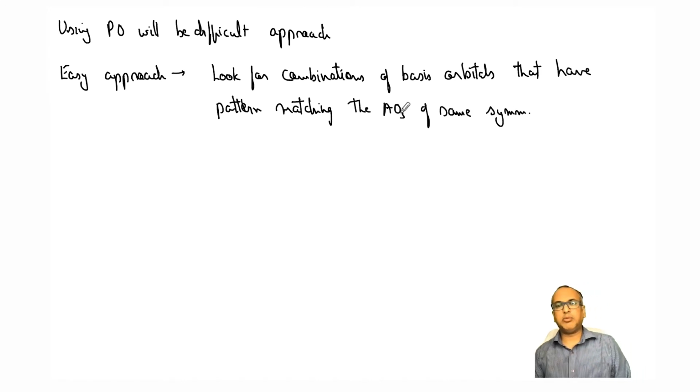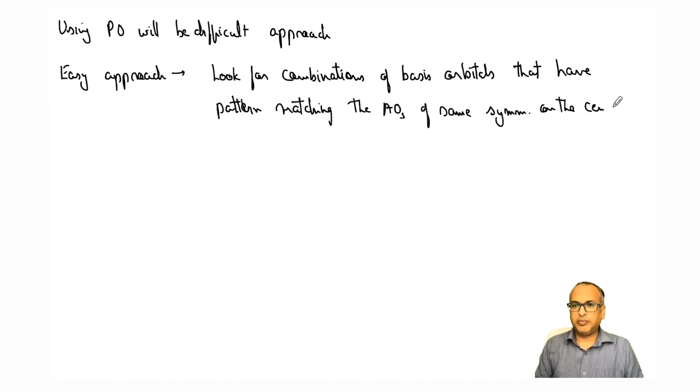See, SALCs have to be combined with atomic orbitals. Now, if we find the pattern of SALC combination that will match the symmetry of atomic orbitals on the central atom, we can actually build up those SALCs, right? We will see how to do it. That's why I wanted to take this up, because this is a little different approach than the regular projection operator approach.